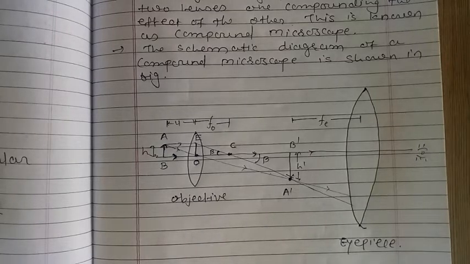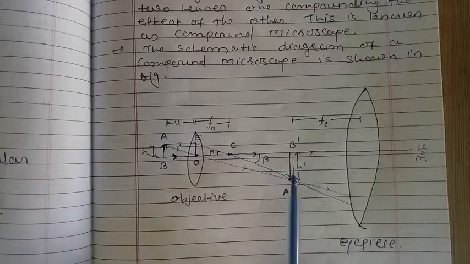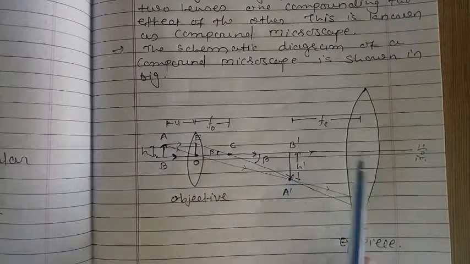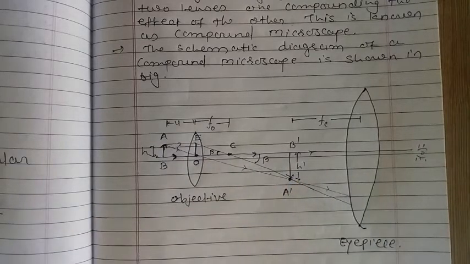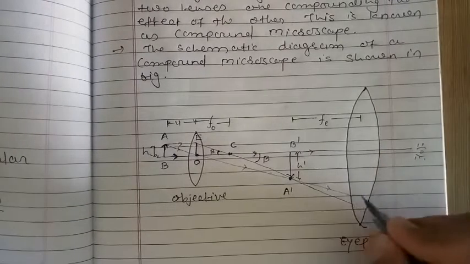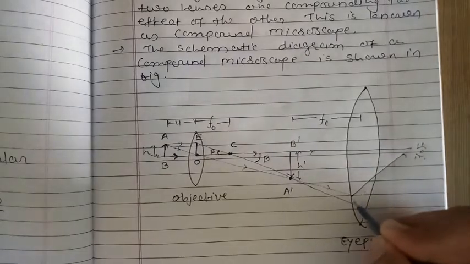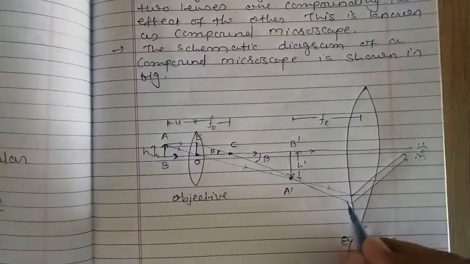Now this image of the objective acts as an object for the eyepiece, and we can get the final image, right? So we can get the final image like this.